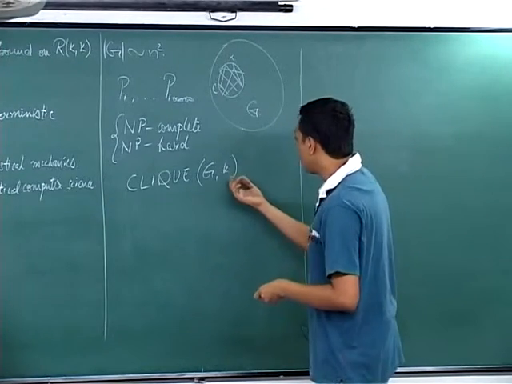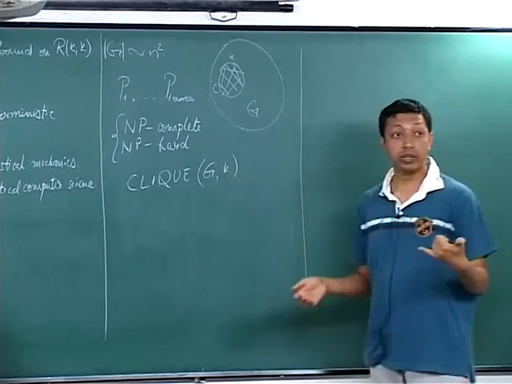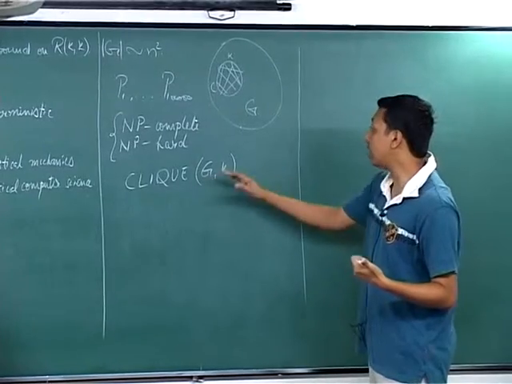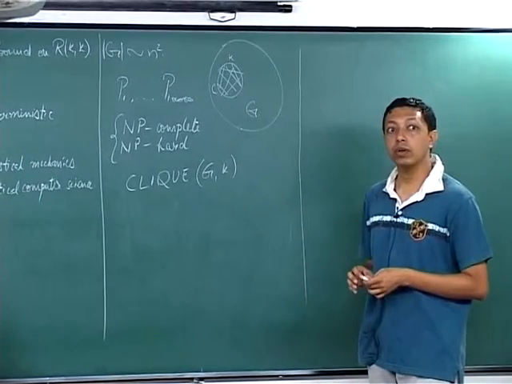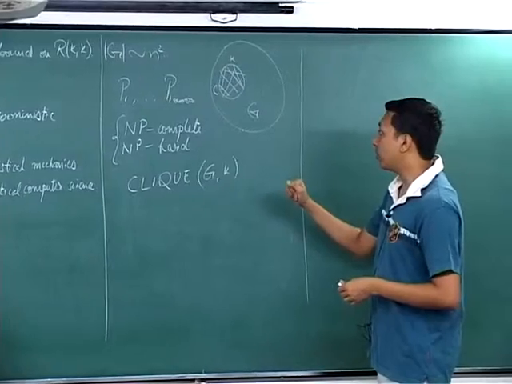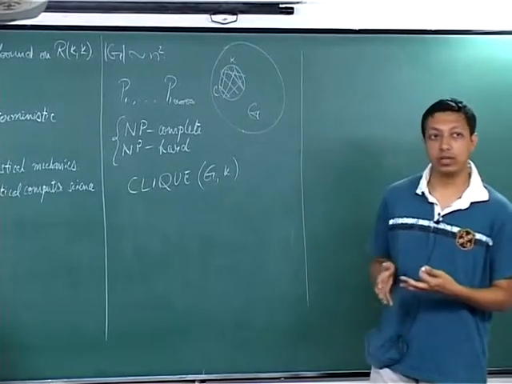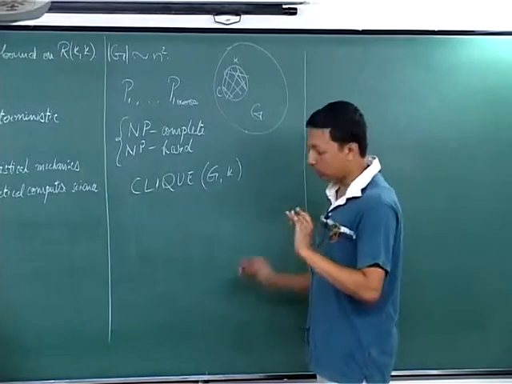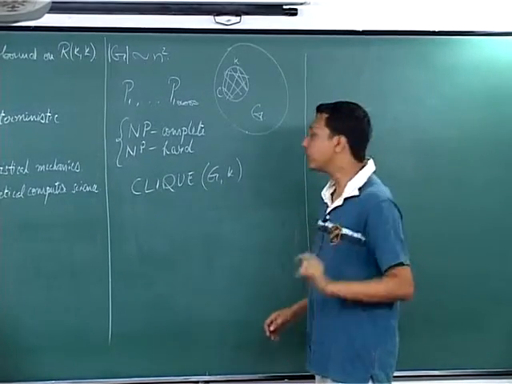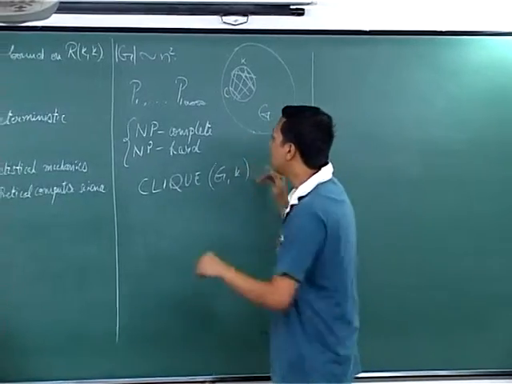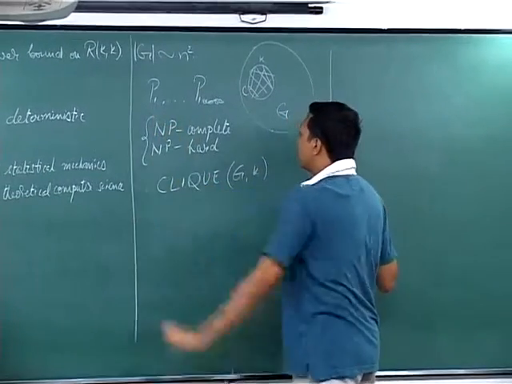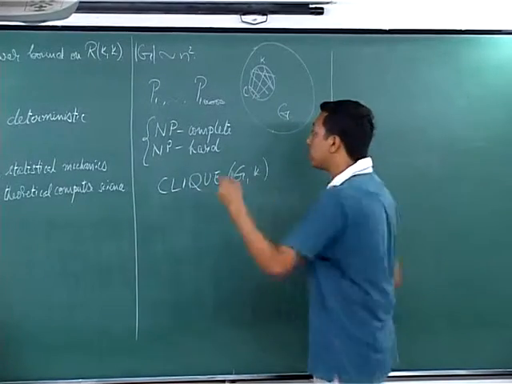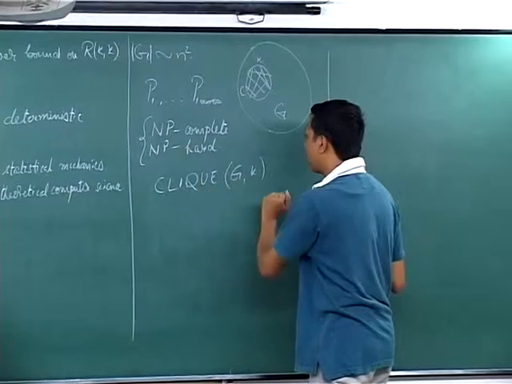So there is a certificate which is of very small size, in fact of order k square, which will show that G has a clique of size k. On the other hand, if G doesn't have a clique of size k, then there is no such certificate. The requirement for a problem being in NP is that for the yes instances, if the answer is yes, there should be such a certificate which is of polynomial size.